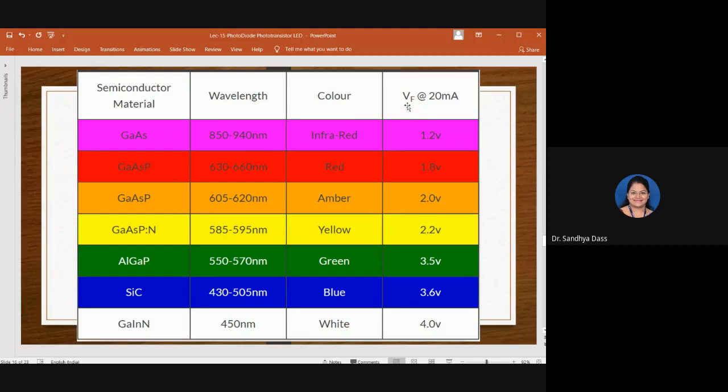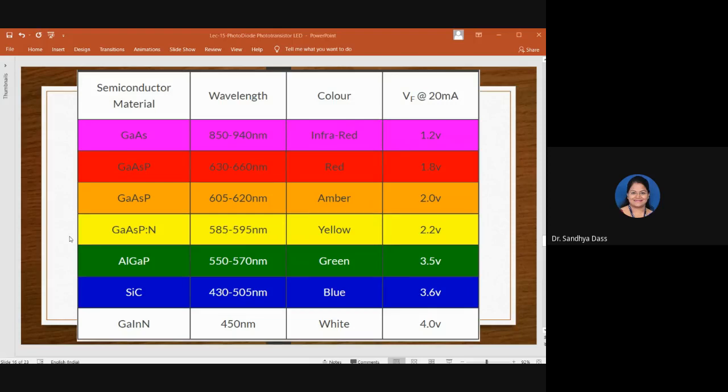VF here is nothing but the applied voltage. So during this range of voltages, you can expect the output, that is radiation, the light emitted, of different colors in these wavelength bands. That is just for your information.